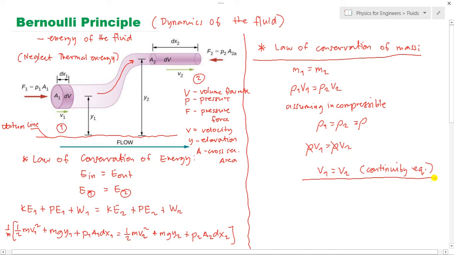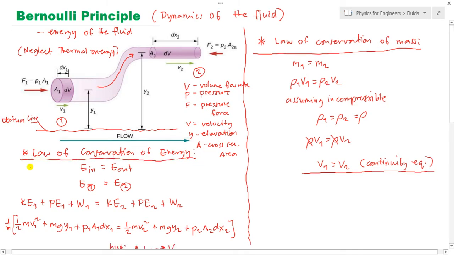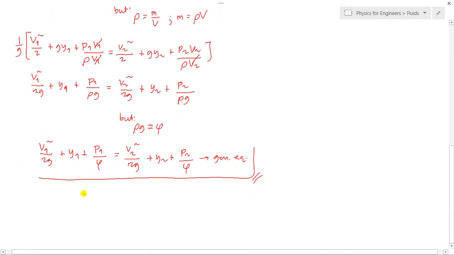So again, to summarize the analysis of problems that deal with fluid flow, first is the law of conservation of energy, which uses the Bernoulli equation. In terms of height, class, y1 is a height. This term is called the velocity head.